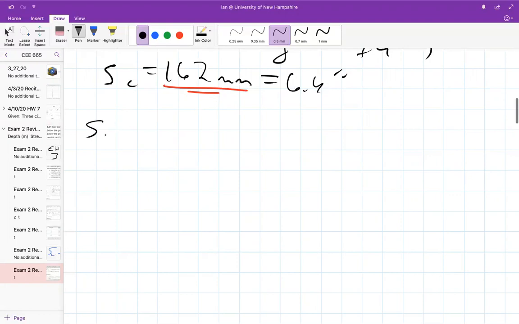And so now we're going to do our swell, which is going to be C sub R H naught. And this is also known as C sub S, in case anyone tries to throw that at you.